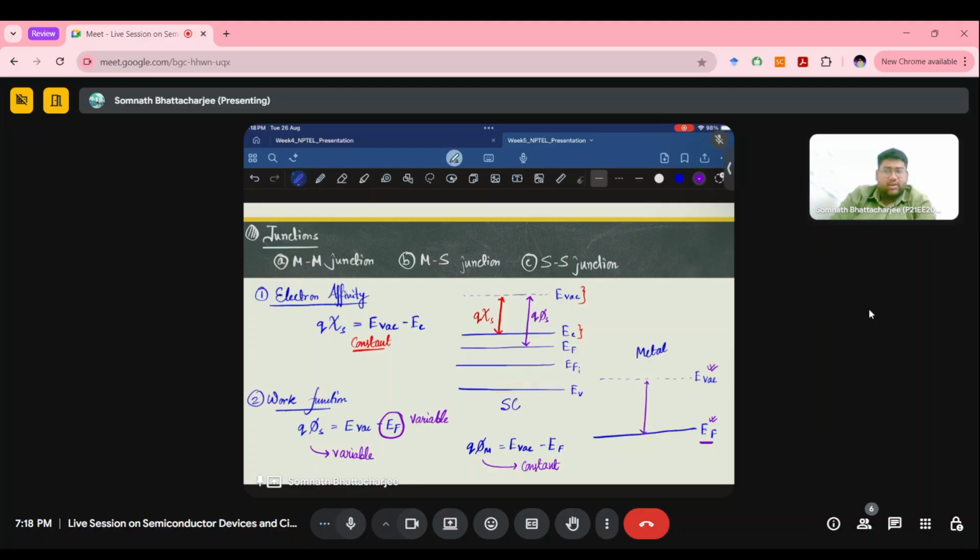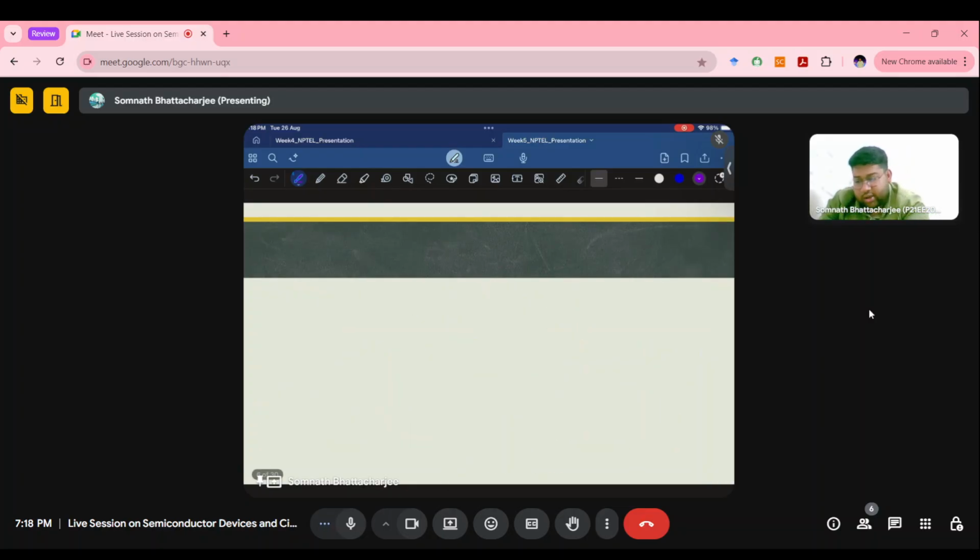Based on these factors, there is a phenomenon called band bending. After that, we learned this week the concept of band bending. So what is band bending? Let me just draw it.